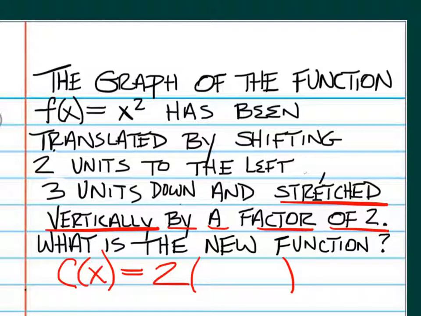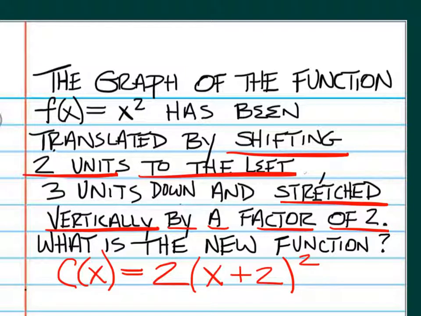Parentheses. What goes on the parentheses? Square. And then inside we have x what? X plus 2, and that comes from shifting 2 units to the left. Left on the x-axis is negative, but we do the opposite when we put it in here, and it's plus 2. And then what? Minus 3. Yes, that comes from 3 units down.